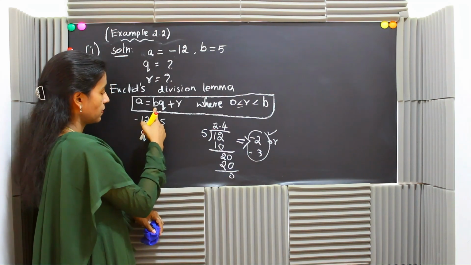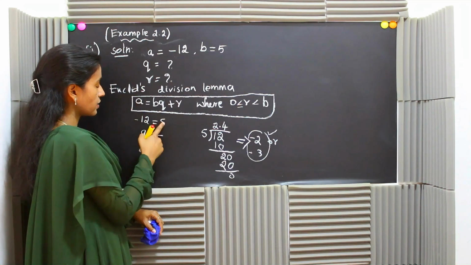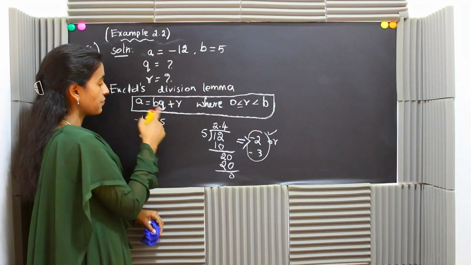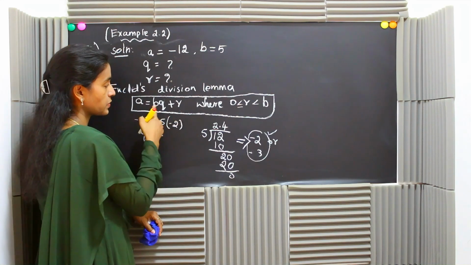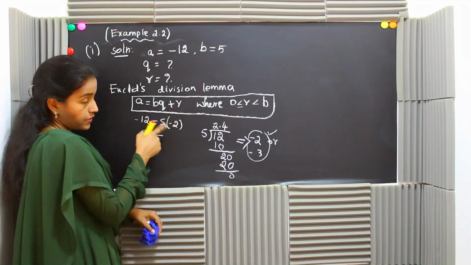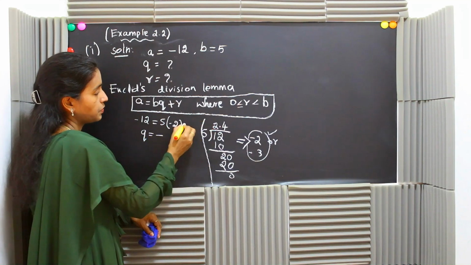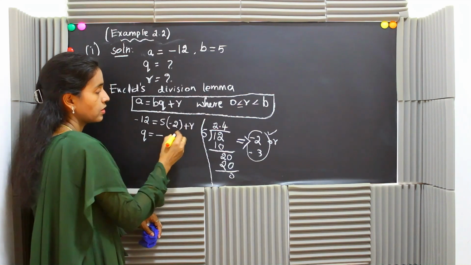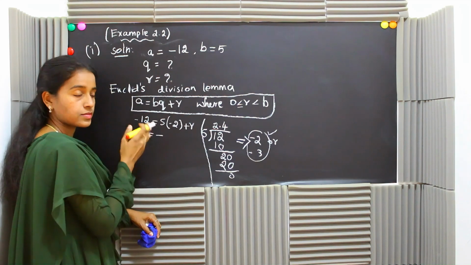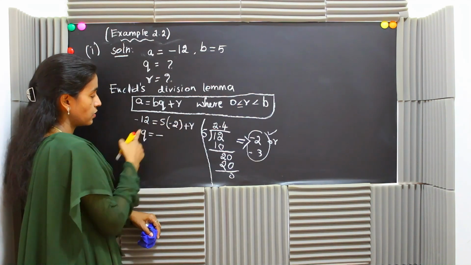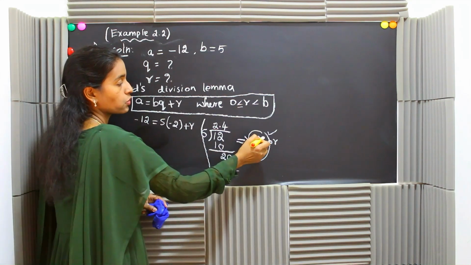Here I have applied minus 12 for A and 5 for B, and quotient minus 2. This is multiplication, B into Q, 5 into minus 2, plus R. I should find out the R value from this equation. So now I have taken Q as minus 2.